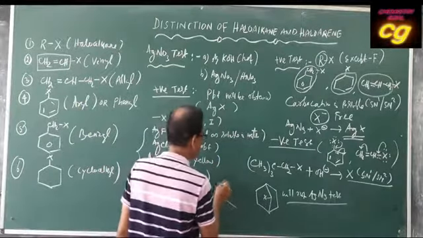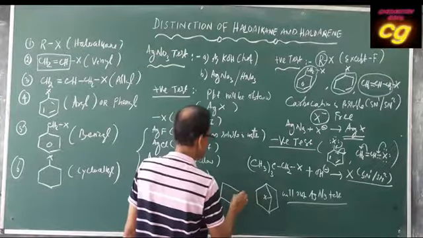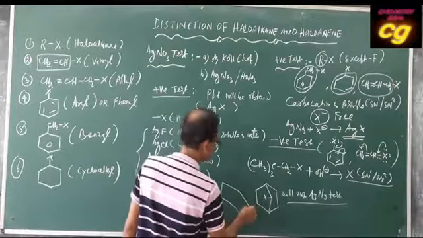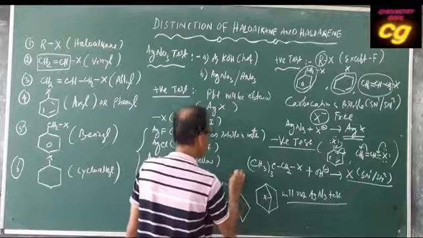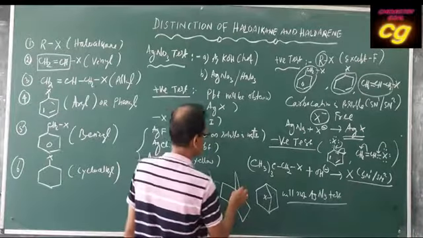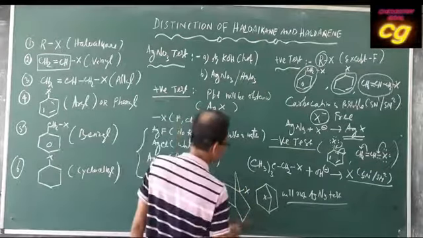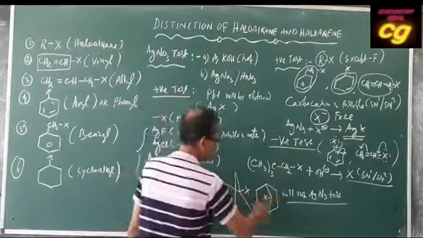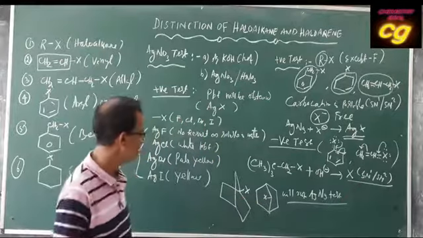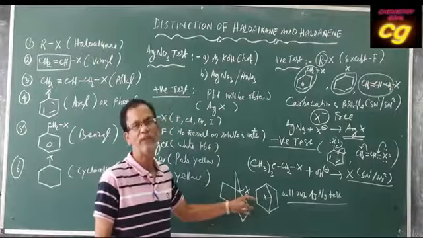Another example you can write like this. If this type of compound, suppose X is here, this type of compound also will not give the test. This group will not give the silver nitrate test, because it cannot produce free X minus.